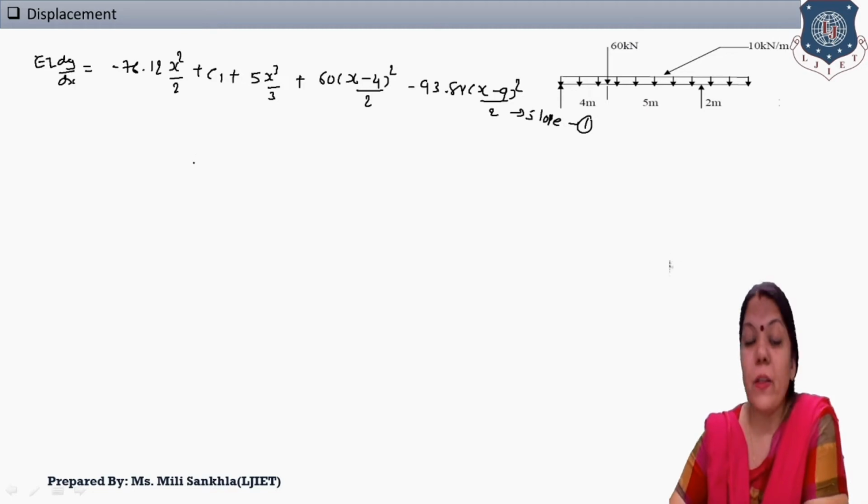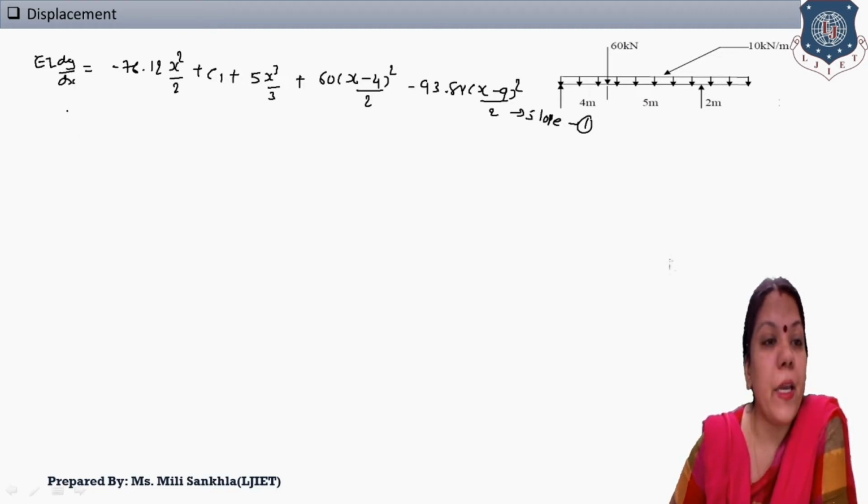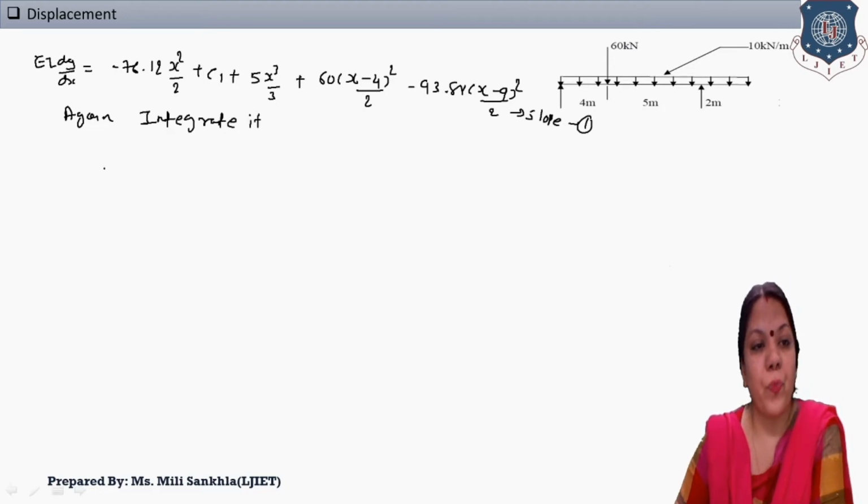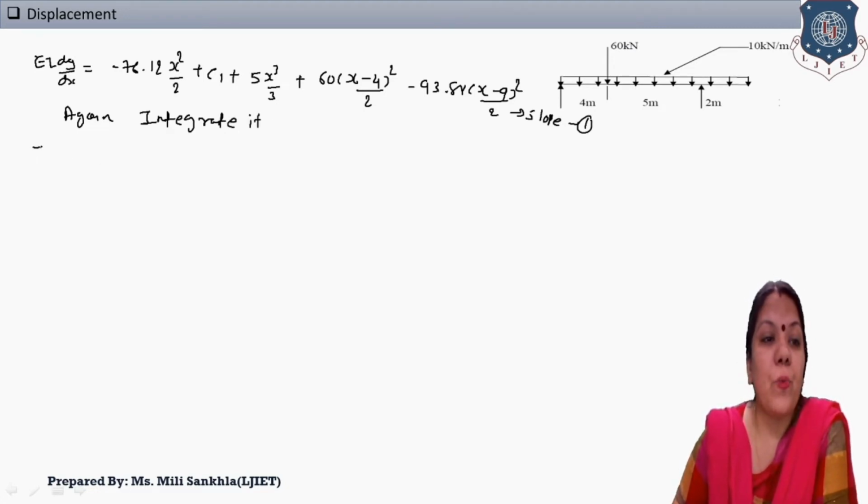Now what will be the next step? Again integrate this above equation. Now what is the integration of dy/dx?